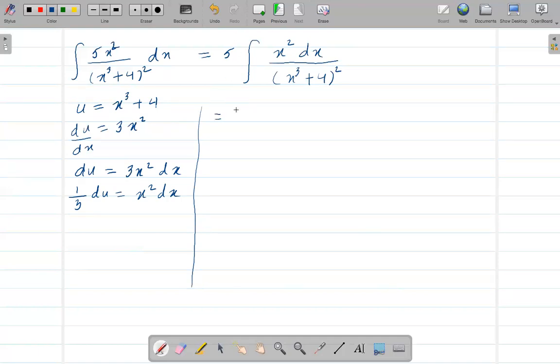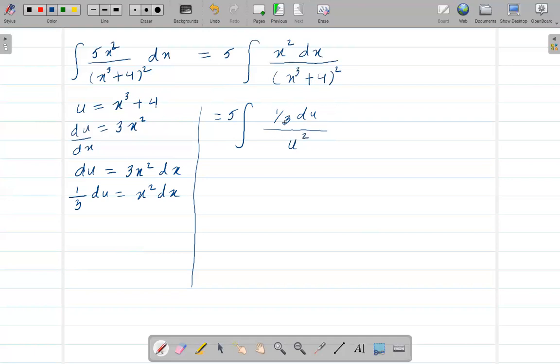Well, still have that 5. The integration x squared dx can be replaced by 1 over 3 du, right? That is on the top. Over here, x cubed plus 4 is u, and still have this square, right?